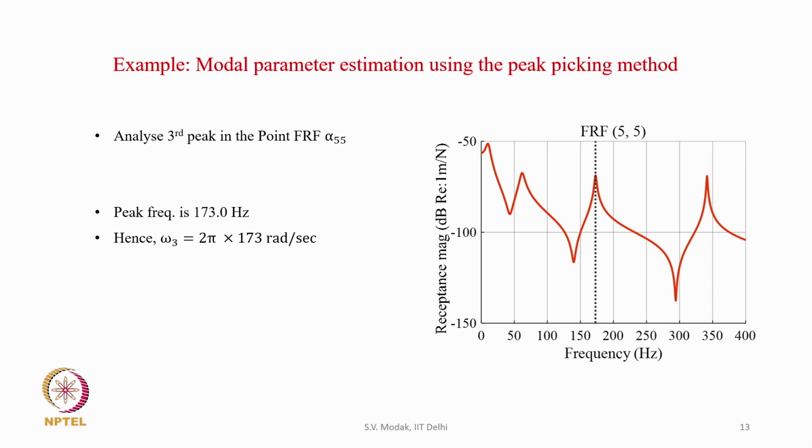So, we see from here that this frequency is 173.0 hertz, which corresponds to the maximum magnitude of the third peak, and in radians per second this frequency would be 2 pi into 173 radians per second. In this way we get the estimate of the natural frequency.